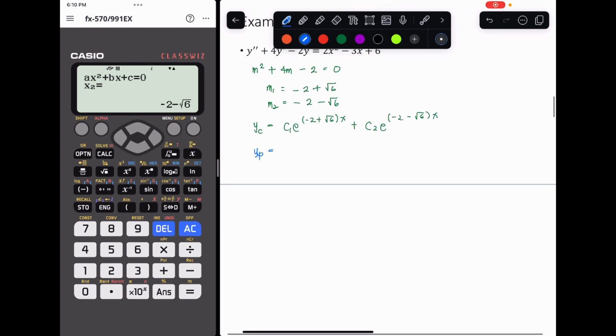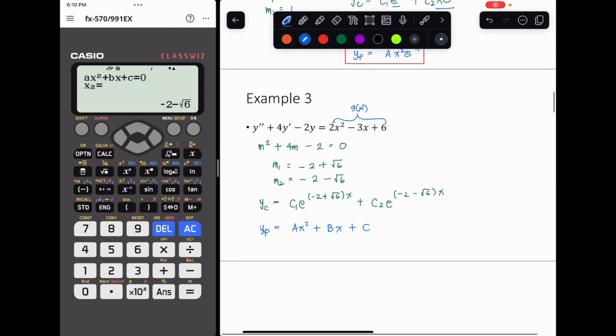That would give us ax squared plus bx plus c. As you can see, no terms in our particular solution are the same as those in our complementary solution. Therefore, this one falls under case 1.